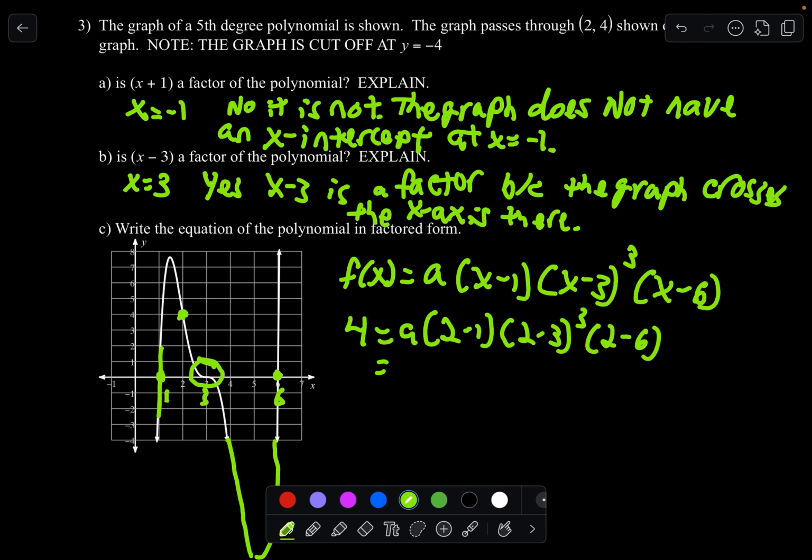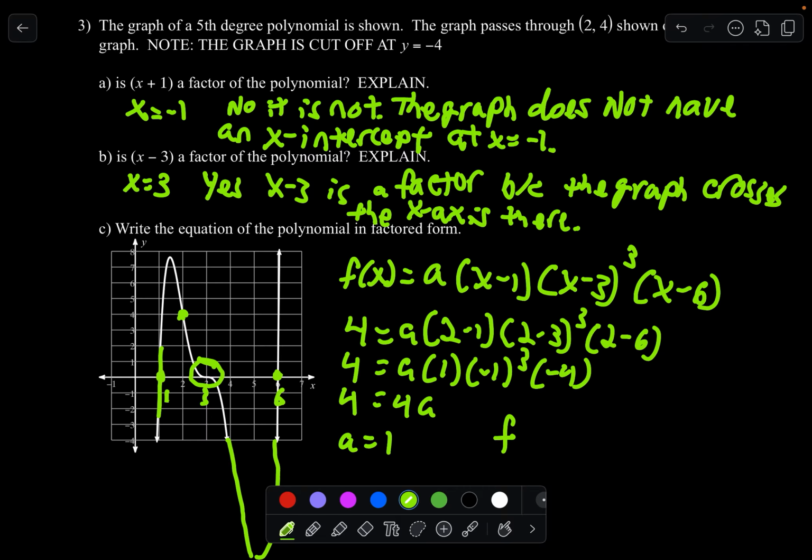So we end up with a times 1 times negative 1 cubed times negative 4. So that turns out to be a positive 4. So it looks like 4 equals 4a, so a must equal 1. So putting all that together, you have your final factored form of the polynomial. Easy peasy, not too hard.